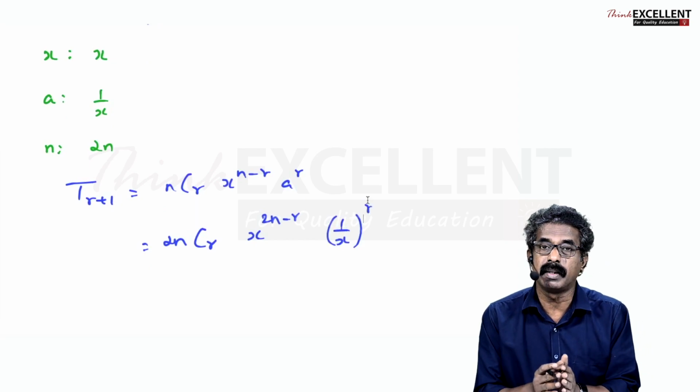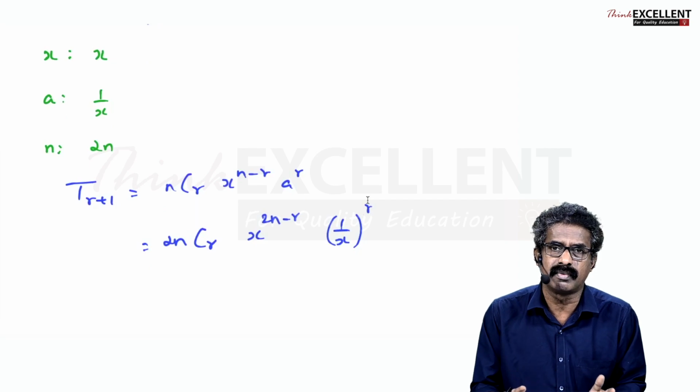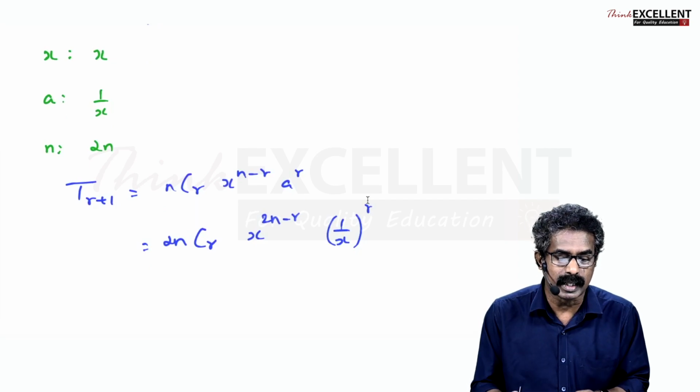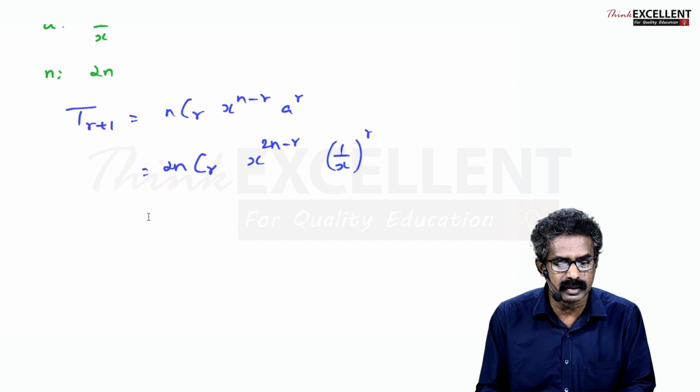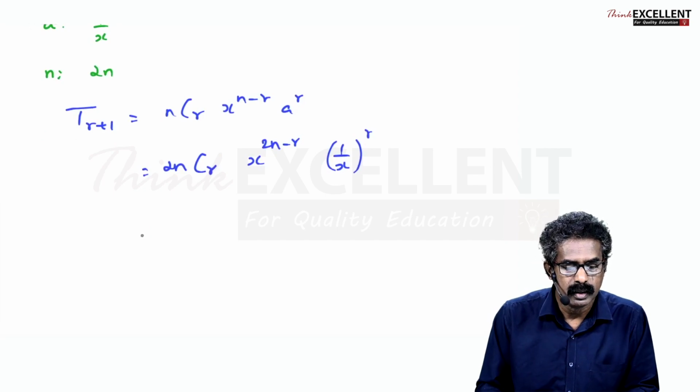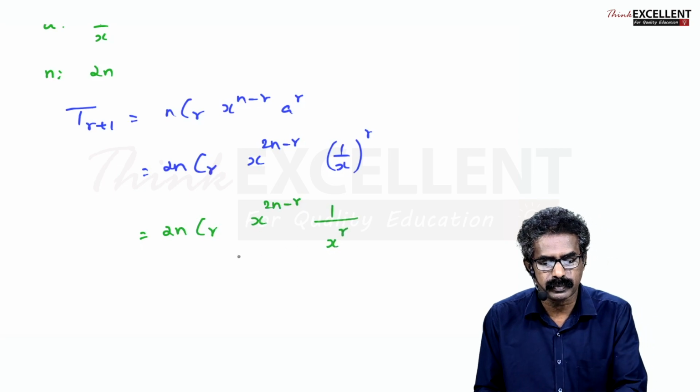You know, the term independent of x are some coefficient of, so here there should be only one x, right? So that x powers you have to simplify, you have to combine. 2ncr, x raised to 2n minus r, 1 raised to r, 1, by x raised to r.